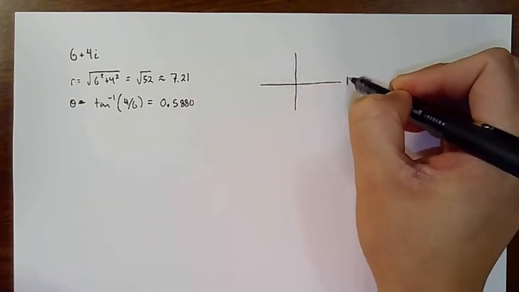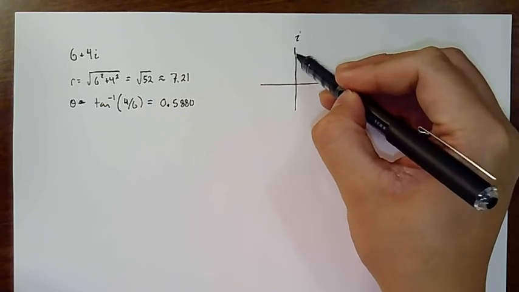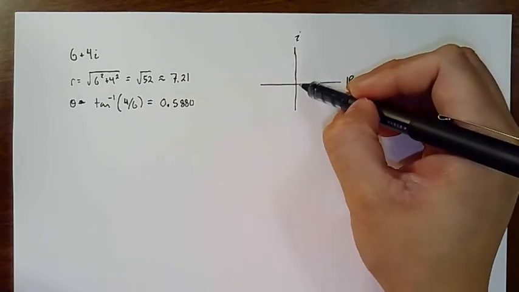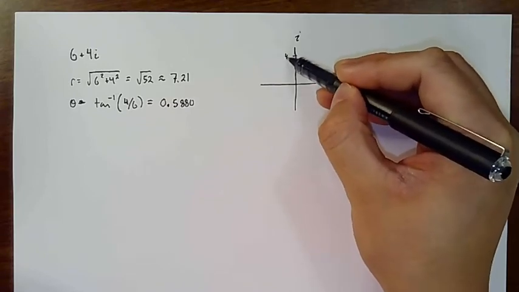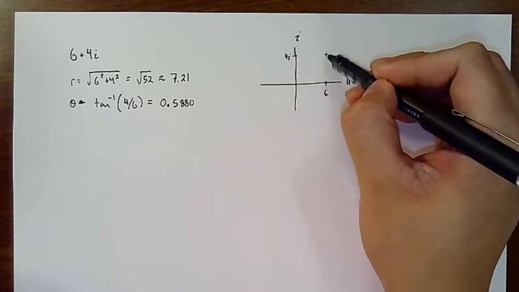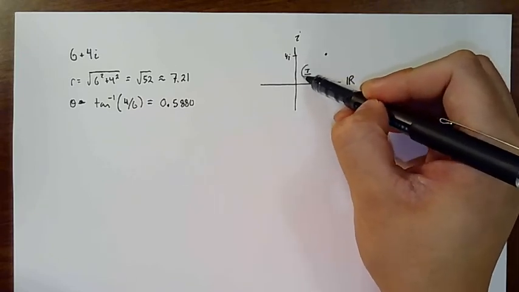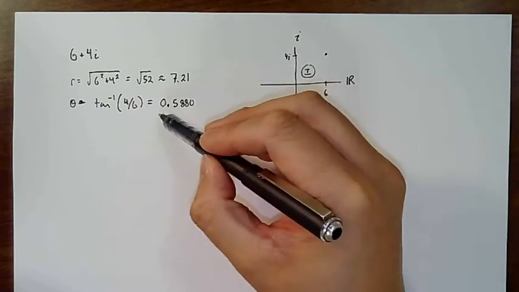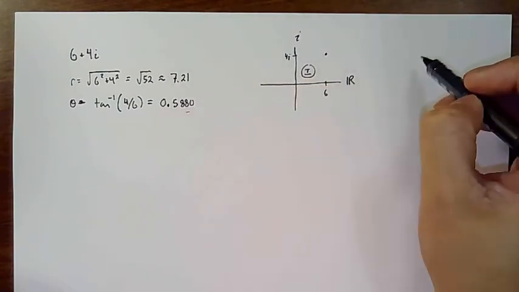So we have the real axis here and the imaginary axis here. So 6 plus 4i means 6 in the real direction and then 4i in the imaginary direction. So we're over here. Well, what quadrant is this? This is quadrant 1. This angle is also in quadrant 1. So how would we know that?